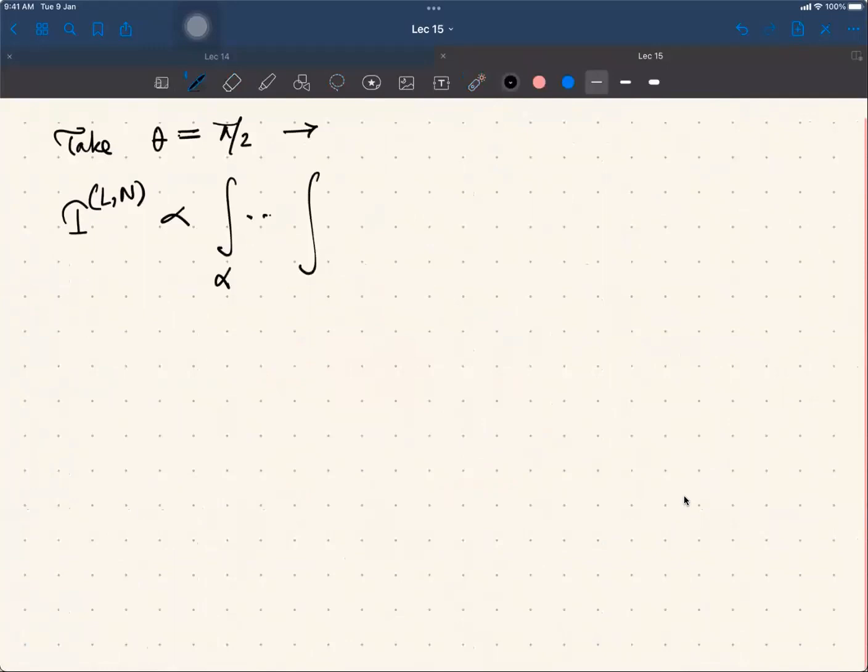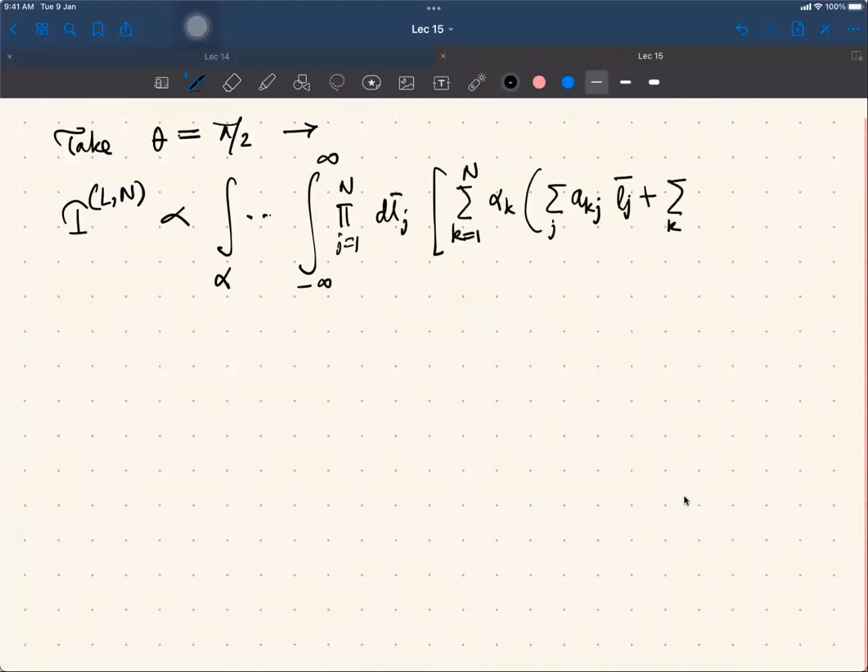So we have the Euclidean integral now, j equal to 1 to n, dl bar j, minus infinity to plus infinity, sum over k equals 1 to n alpha k, sum over kj lj bar, sum over k dki, plus m square.